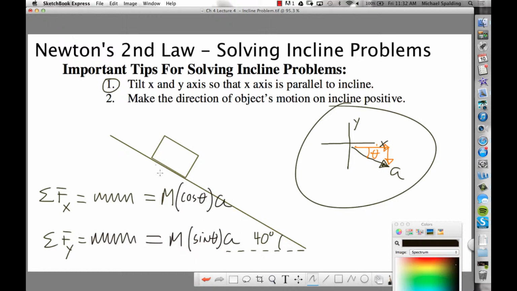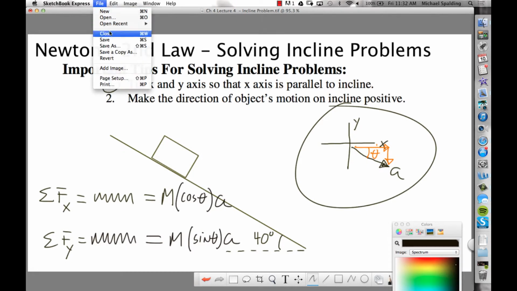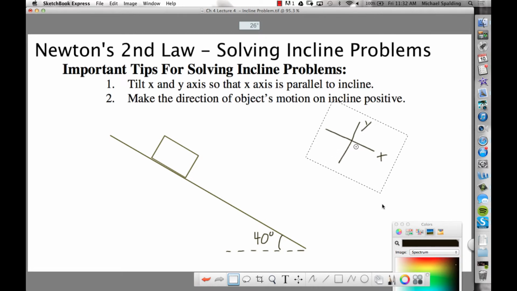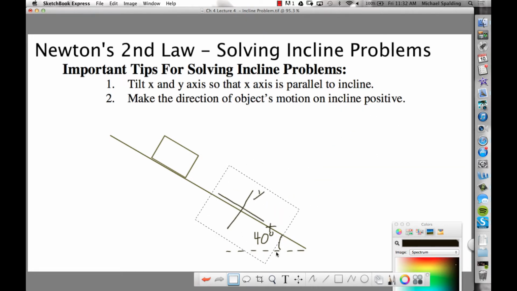So here's what I want you to do. What you're going to do is you're going to take your xy axis like this, and you're going to go tilt, tilt, tilt, tilt, tilt. How far? There. Until what? Until the x-axis is parallel to the incline. Now, why are we doing this?